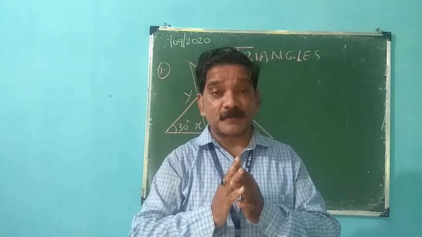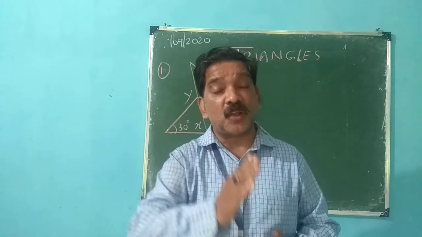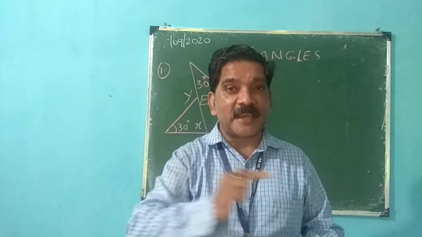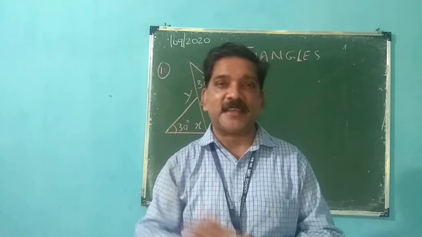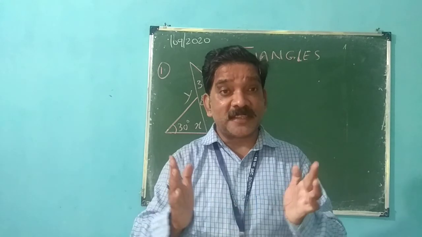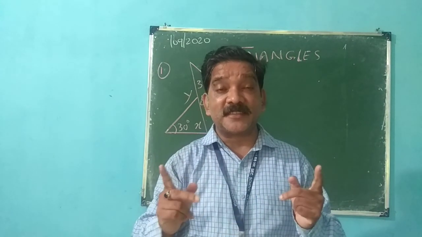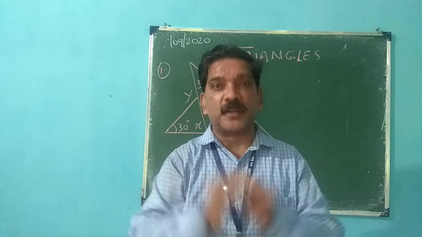It means all the sides of one triangle are equal to all the sides of another triangle, as well as all three angles are exactly equal to the angles of another triangle. So when these things match, then we can say that the triangles are exactly equal, the triangles are congruent.